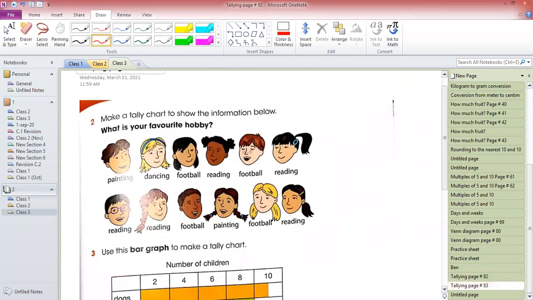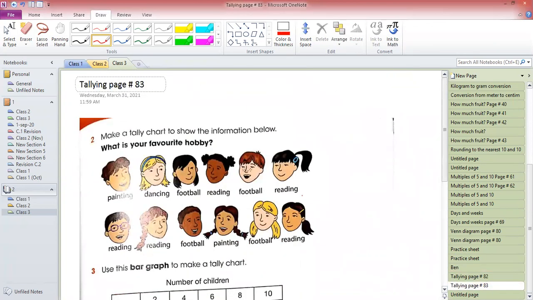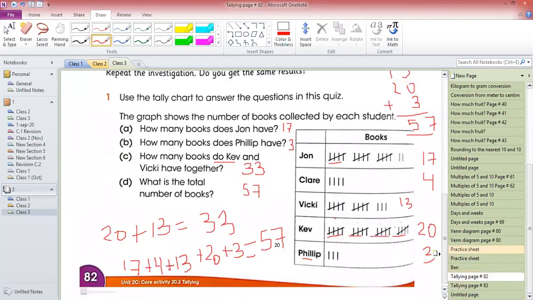Then I will come to page number 83. On page number 83, there is question number 2. Question number 2 is: make a tally chart to show the information below. In question number 1, the tally chart was given and you were answering some questions.